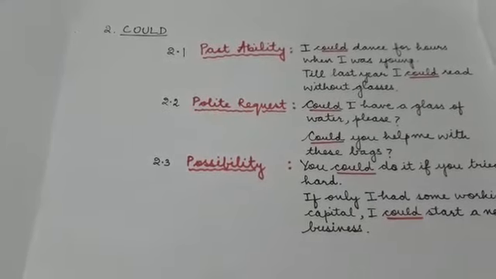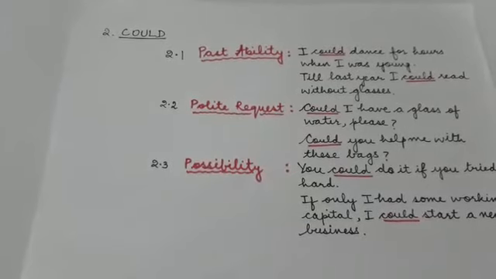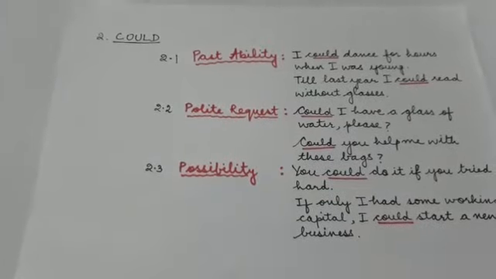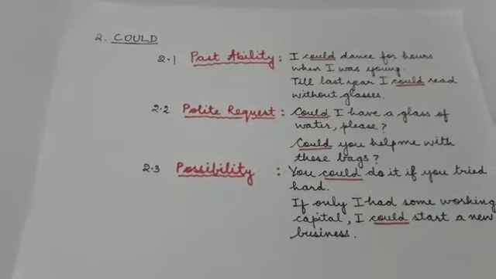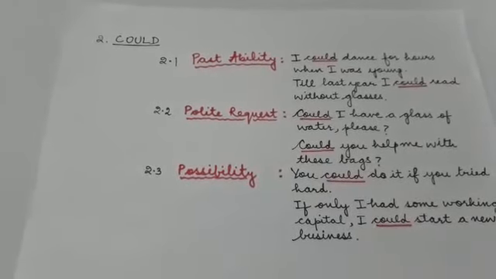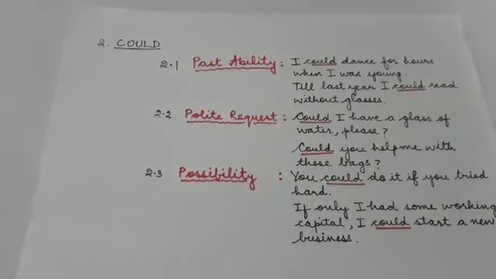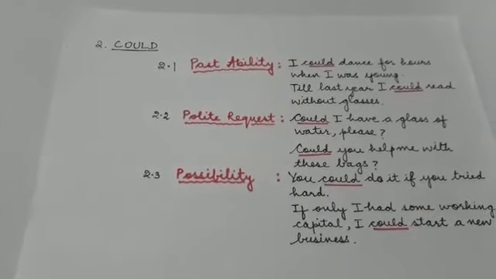So this example talks about the ability to dance for hours which existed in the past, and that ability is not present now. The second example is, till last year I could read without glasses. So it means now I am unable to read without glasses.